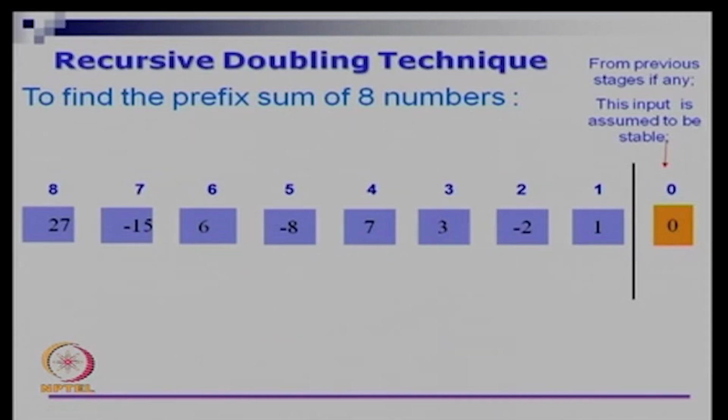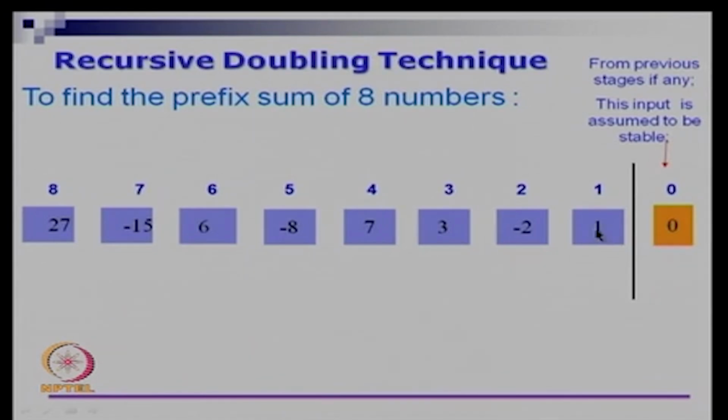It is called prefix because if you are looking at the final value that is required, the sum that should be at a of i should be everything from a of 0 to a of i. That is why it is called the prefix sum. This is the problem, and let's say I want to solve it. One way to do that is start here, take this number, add it to here.